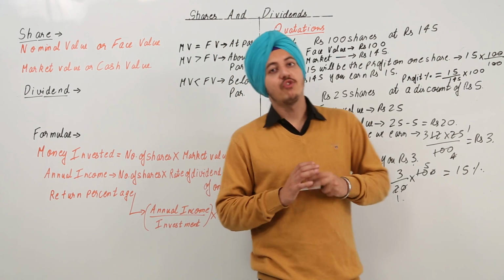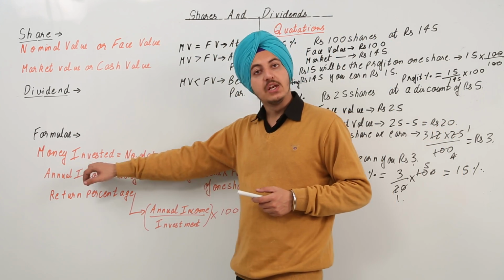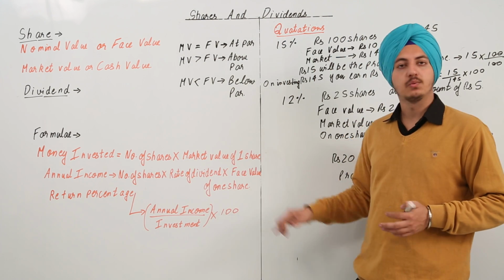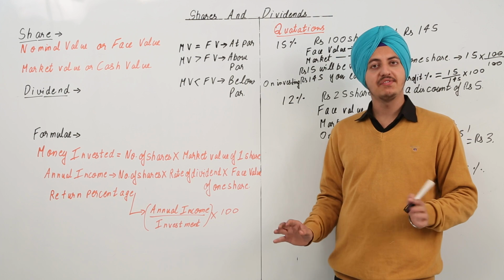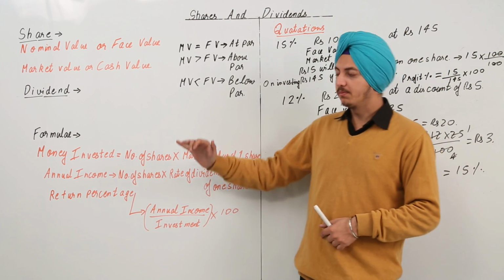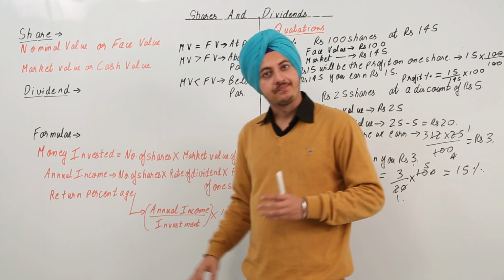Now let's come to the formulas. The money invested is equal to the number of shares into the market value of one share. Simple enough. Number of shares you've bought into the market value of one share is the total money you have invested. What is the total income?